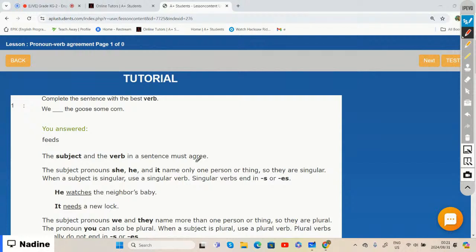If we have a singular subject, then our verb also needs to be singular, where it ends with an S or ES. And if we have a plural subject, then our plural subject needs to agree with our plural verb, where we don't add S or ES.